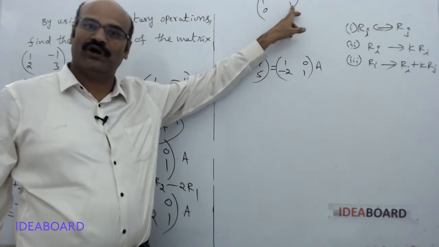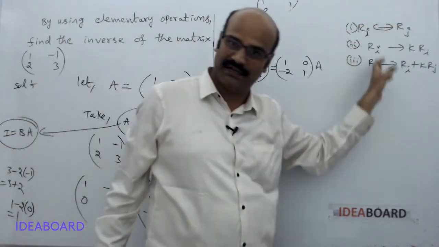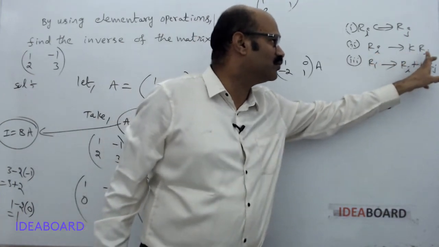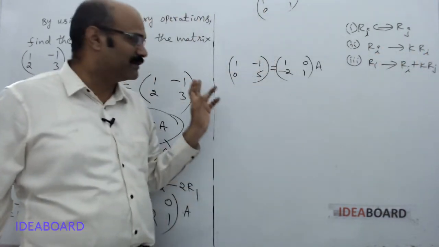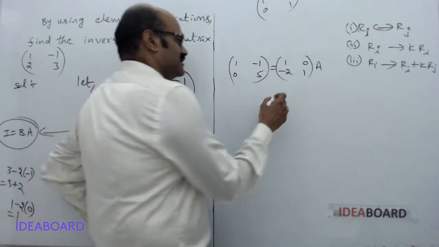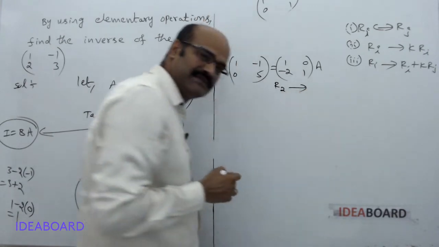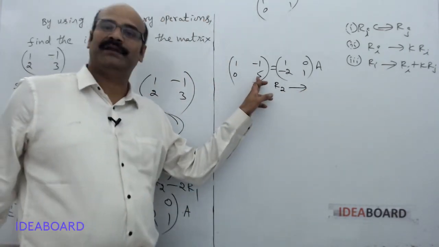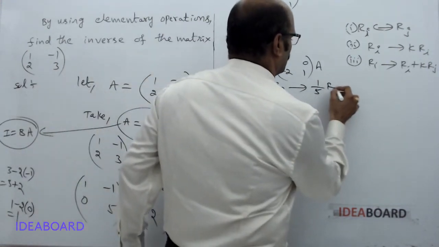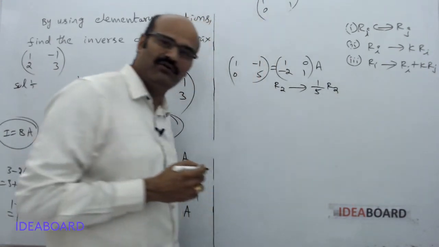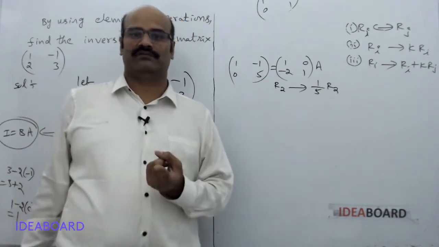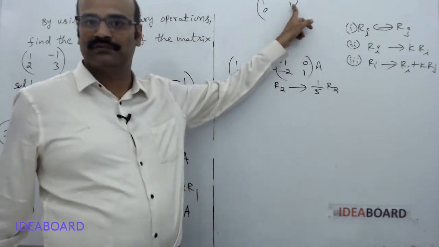So to get 1, what operation can be taken out of these 3? Here if you identify Ri implies K into Ri. So you can multiply by any scalar. So I take it as R2 implies 1 by 5 into R2. When you take 1 by 5 into 5, it becomes 1. So we get 1 here.